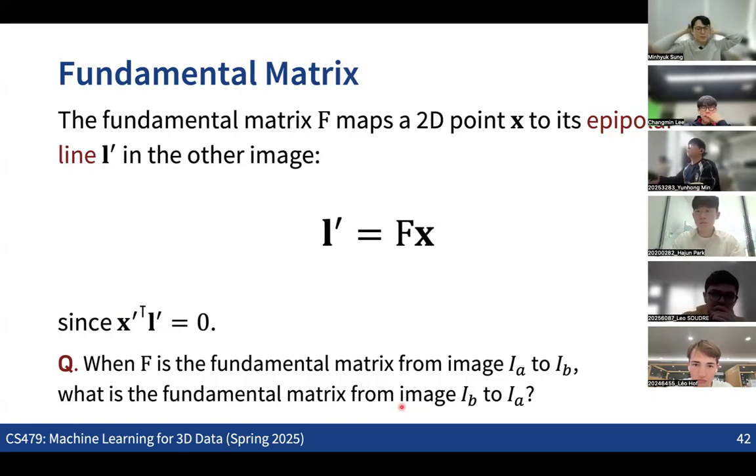Yeah, it becomes the transpose. If you transpose the matrix F, that maps the point in the second image to the epipolar line in the first image, right? Is this clear? Any questions on this?